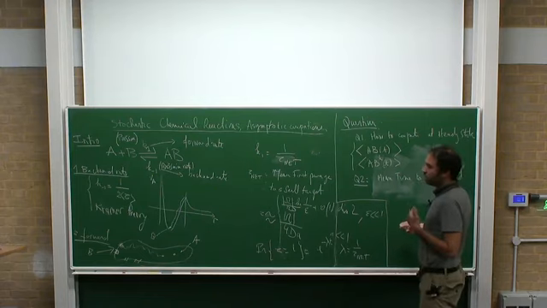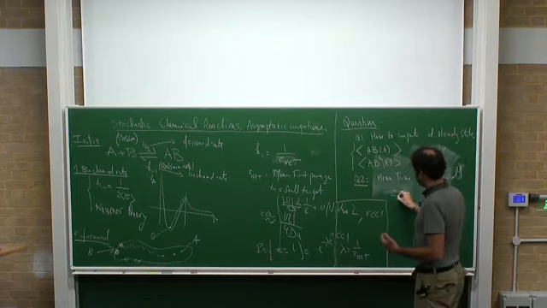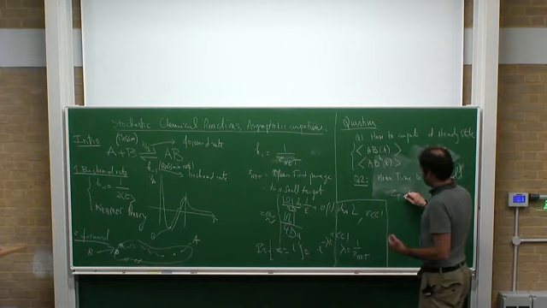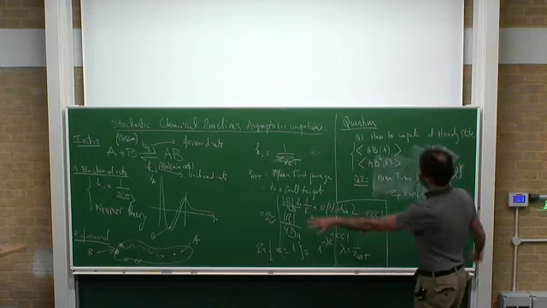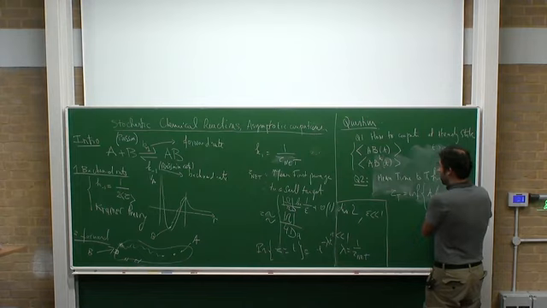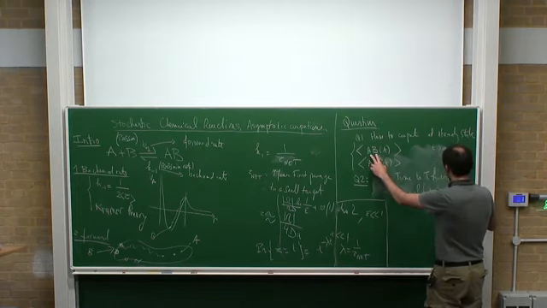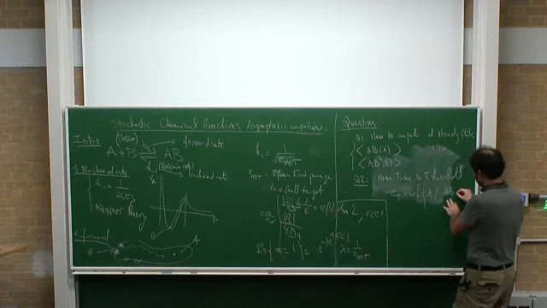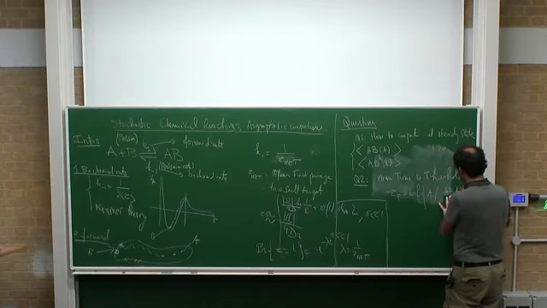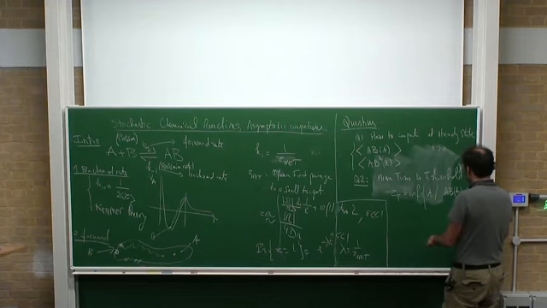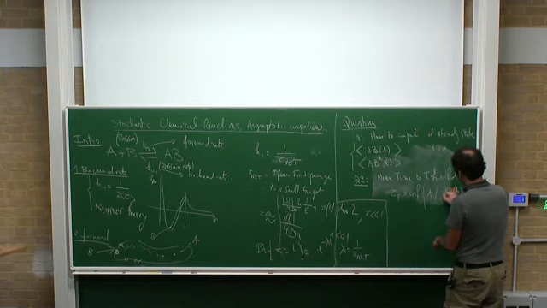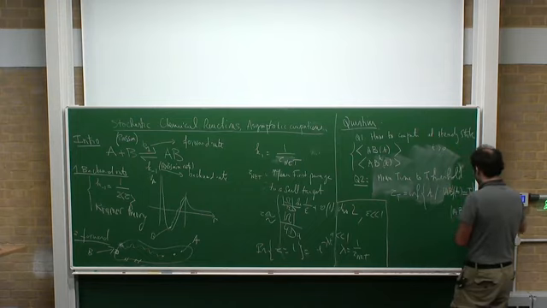Which means how long do you have to wait on average? So let's define tau T. This is the first time in this process that we just described that the number of AB molecules, which is a random variable, a stochastic process, is equal to the threshold T. Let's say that you started initially with the number of bound molecules AB at time 0 equal to 0.